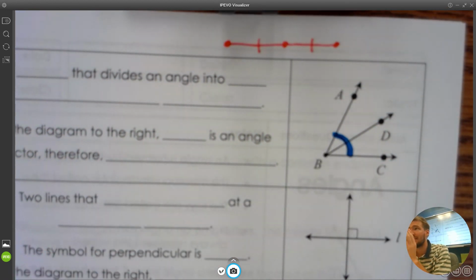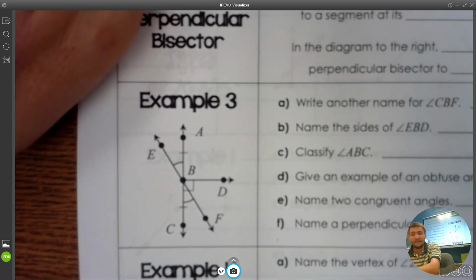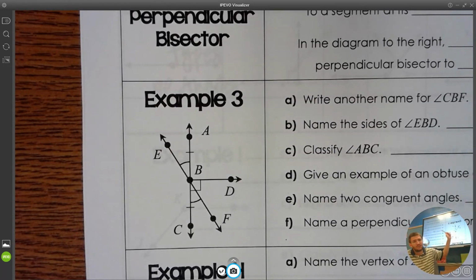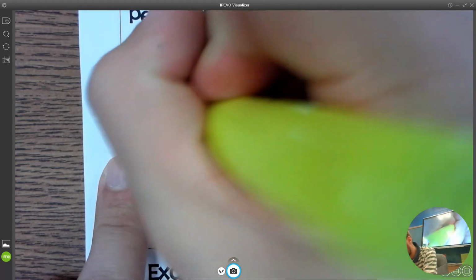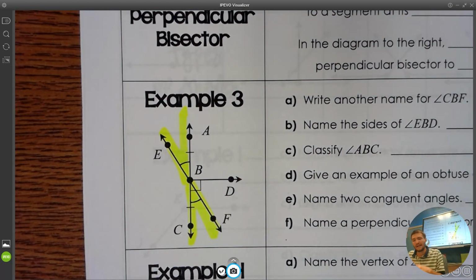So if we go down and we look here, notice we don't have those curves in every single angle. We only have those curves in two spots. We have them right here and we have it right here. And so what we're able to tell is that these two that I just highlighted are guaranteed to have the same measurement, okay?